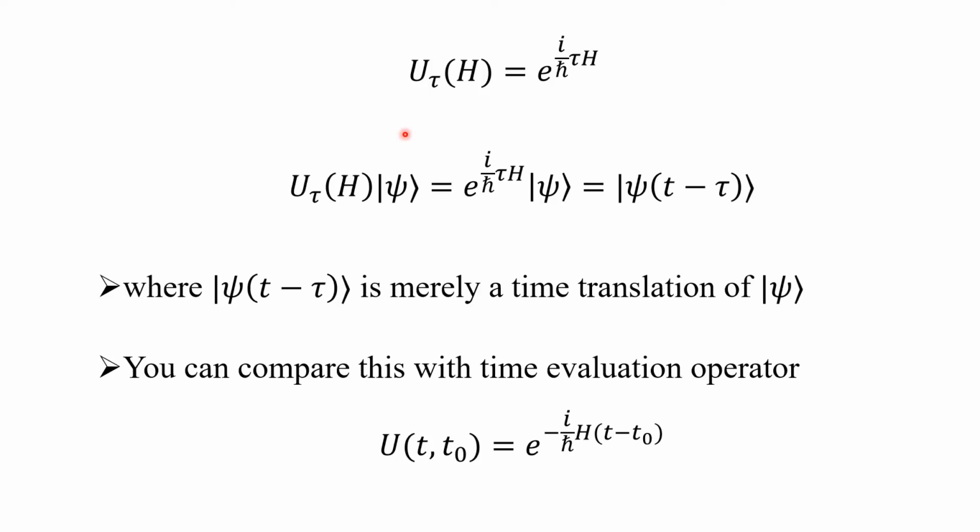So we have seen the unitary time translation operator U of tau, a function of H, is equal to e to the power i over h cross tau H. When you operate this unitary operator on the ket psi, that is, e to the power i over h cross tau H on the ket psi, it will translate the wave function from psi of t to the ket psi of t minus tau, where the ket psi of t minus tau is merely the time translation of psi.